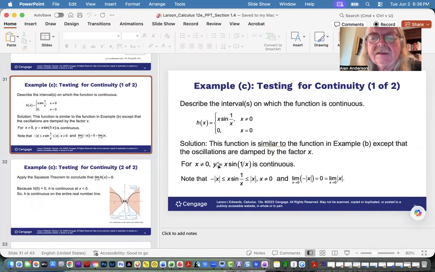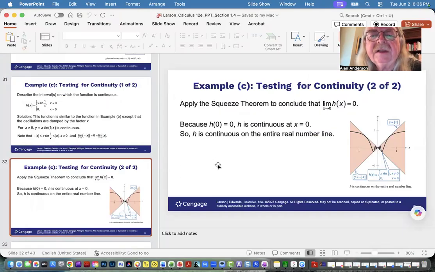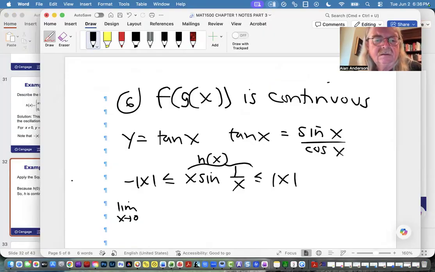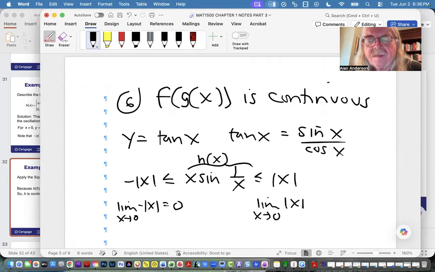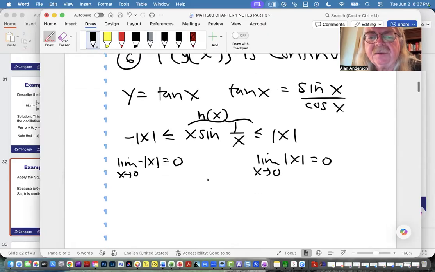So the limit, according to the squeeze theorem, is going to be zero because the limit for these two is zero. So because this function is always in between negative absolute x and positive absolute x, it has to have the same limit as these two.